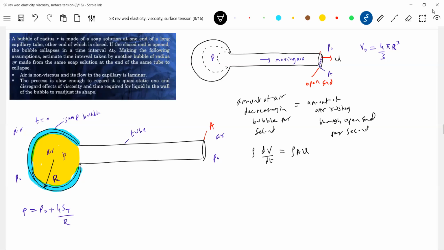So we have the equation. I'll differentiate this for dV by dt. So this will be 4 by 3 pi 3 r square dr by dt. What will happen to the radius? In fact, it decreases. So shall I go for a negative sign? Why negative sign?